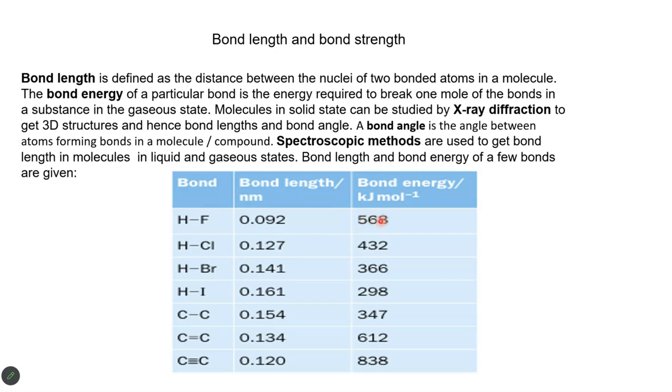Because if it is a smaller bond length, the atoms are bonded very tightly, and therefore it needs higher energy to break the bond. And here I take another family: carbon-carbon single bond, carbon-carbon double bond, carbon-carbon triple bond, and you see the bond length decreases, and thereby the bond energy also increases.